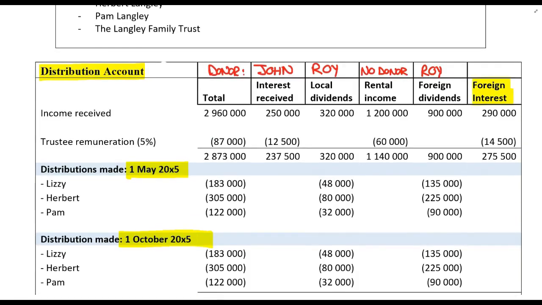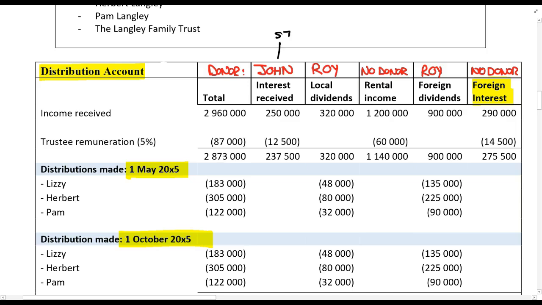So that foreign interest came from what donor? From no donor. So this also doesn't have a donor. Understand that if they reinvested Roy's money and they put it in there, the income from Roy, then that would be from Roy.